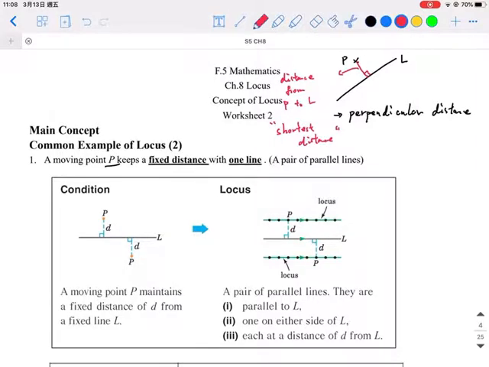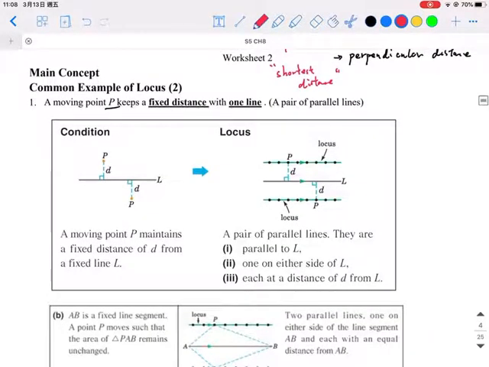Now, in this first condition, a point keeps a fixed distance with one line. That means your P can be here and so on. So it becomes a parallel line with L, and we have two lines, and another one is below L, where P is here. If you want to describe the locus, you need to show there are two points. One is the parallel lines to L, and you have two lines.